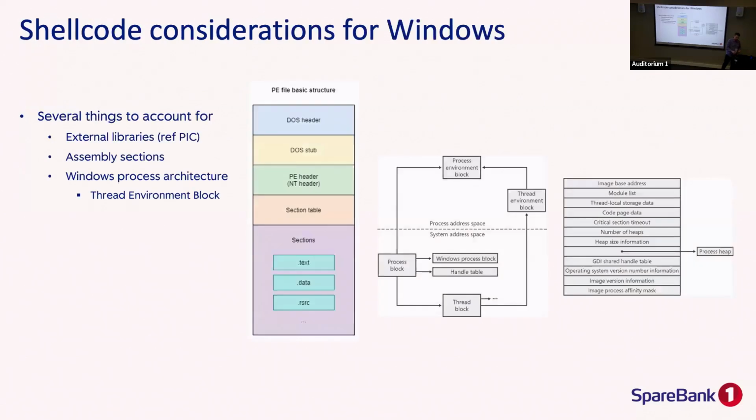And when we write shellcode for Windows, we have a few considerations we need to take into account. Referring to the fact that it's position-independent code, it should be able to run from anywhere, right? If you look at the first illustration here, which is the PE file basic structure, you have some headers, section tables, and then you get to the sections. Now your assembly code will usually be located in the .text section.